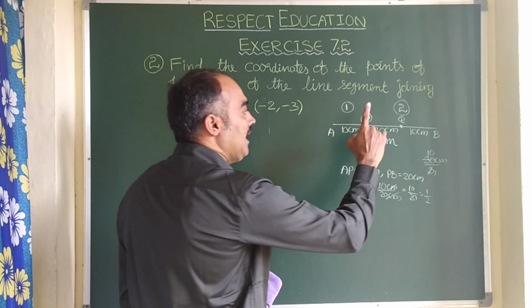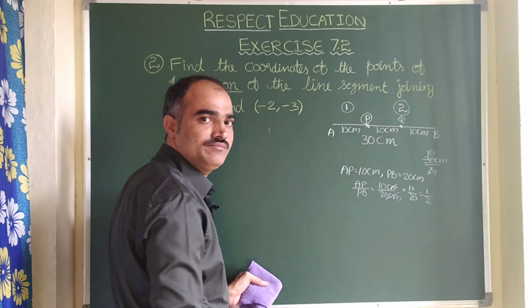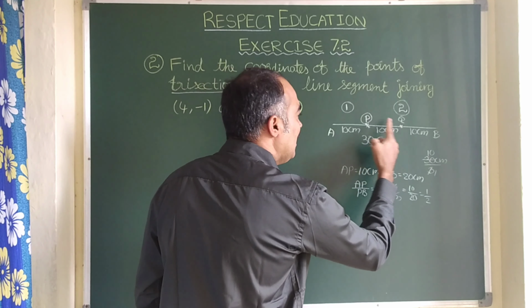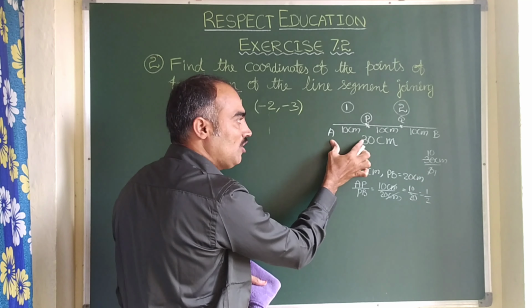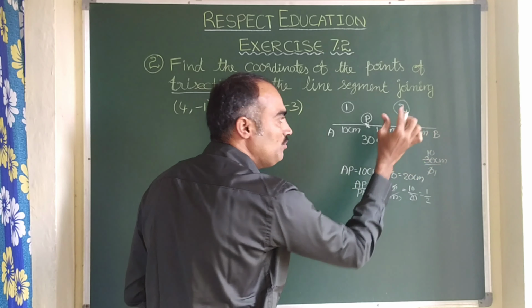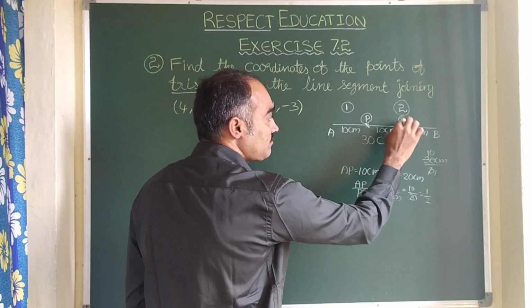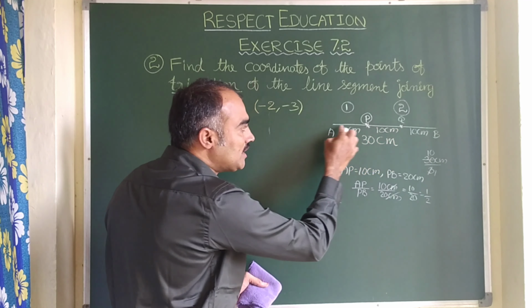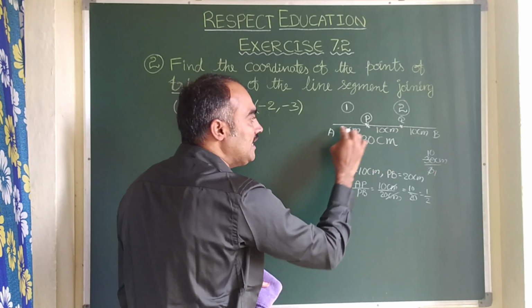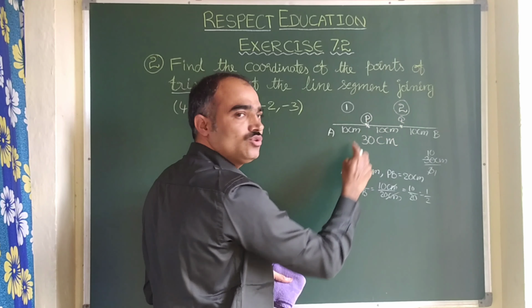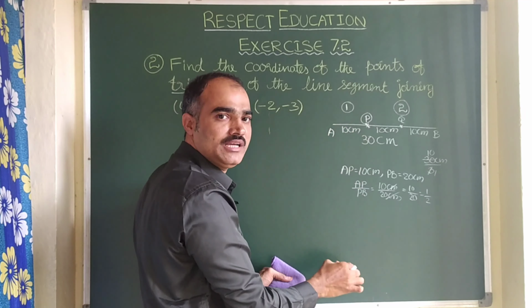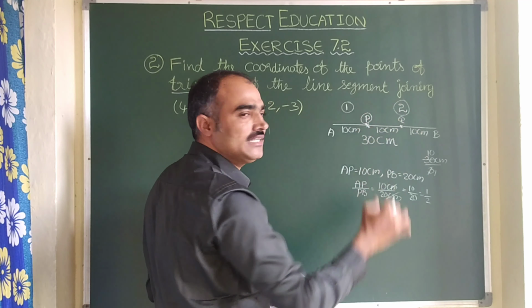Now, can we find how Q divides? From A to Q, how many parts are there? Take 10 centimeter as one part, this is the second part, this is the third part. For Q, towards A, 2 parts are there, so 2 tens are 20. Earlier, P divides in the ratio 1:2, meaning one part is 10 centimeter and 2 parts are 10 plus 10, 20 centimeter.